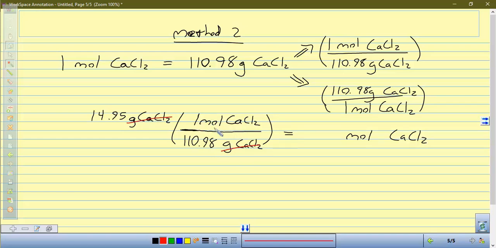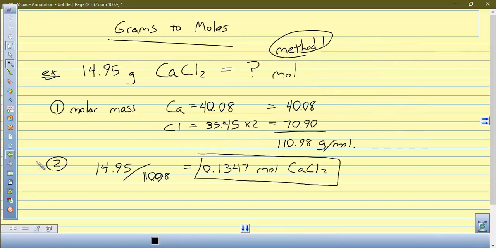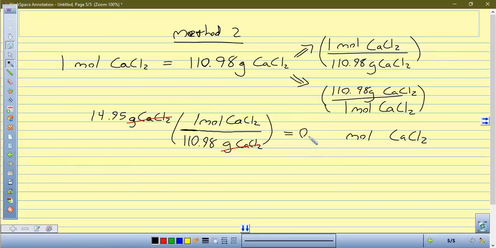I'm left with moles on top, and that's what I want. So now I've got 14.95 on top, 110 on the bottom, and that means divide. Take the top one first, divided by the 110 next. That's exactly what I did in the last page, and I got 0.1347. So that's my answer. Okay.